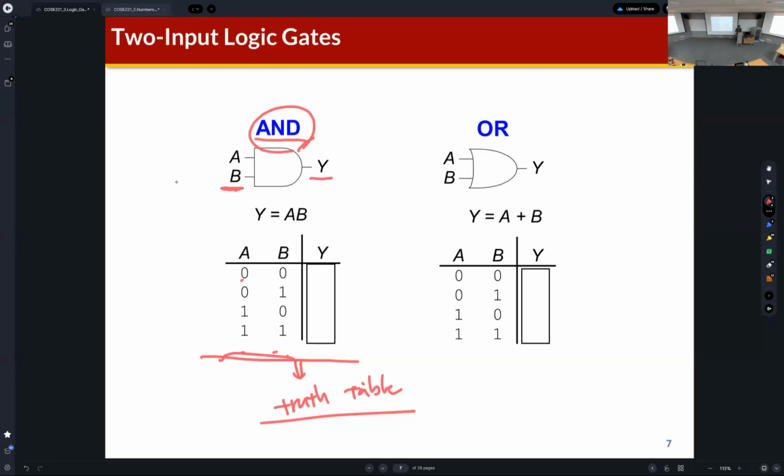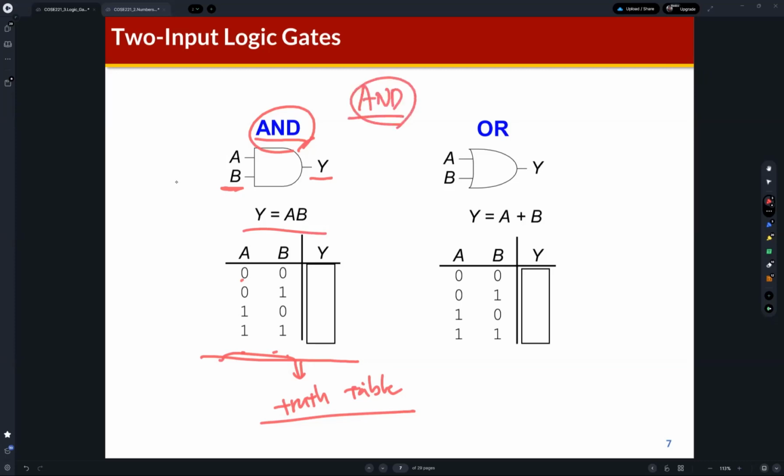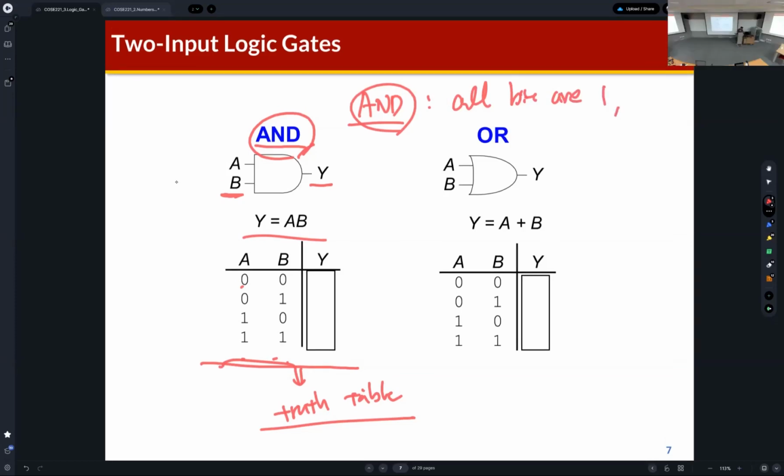Then what is the definition of AND? The definition of AND is that if all bits are 1, then the output Y becomes 1.